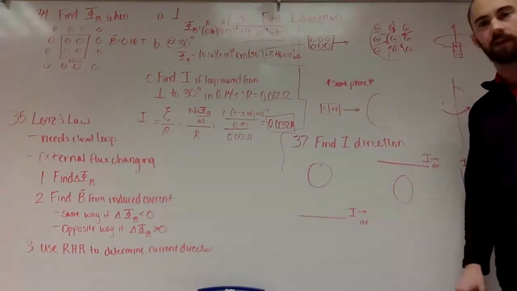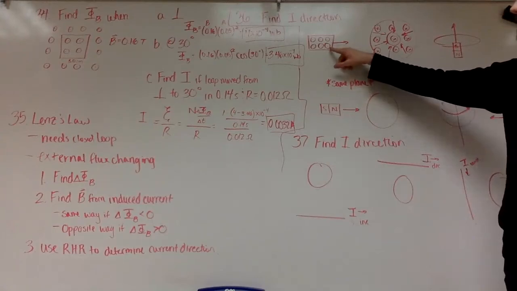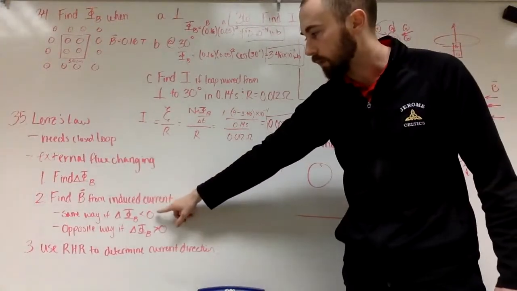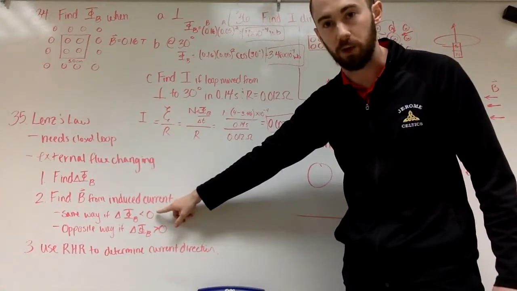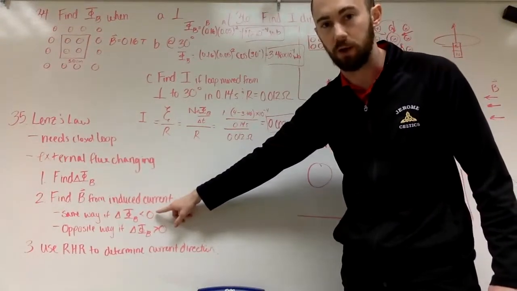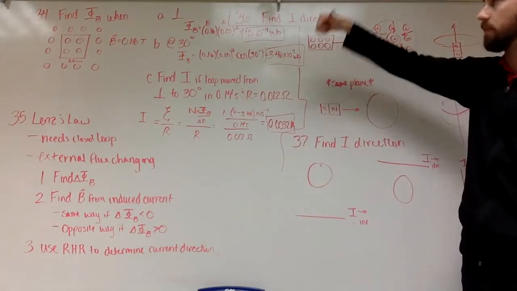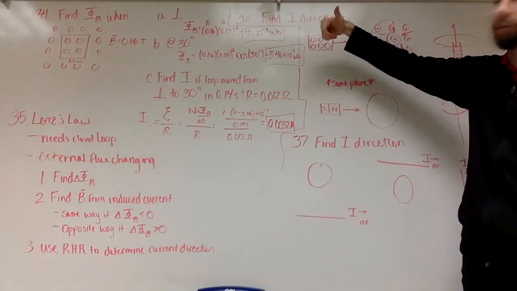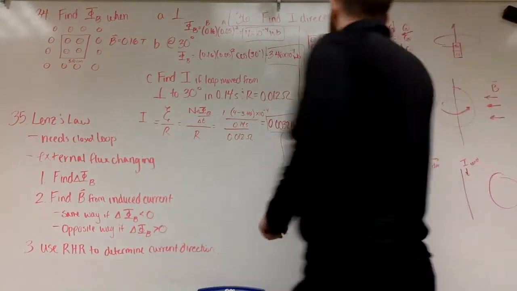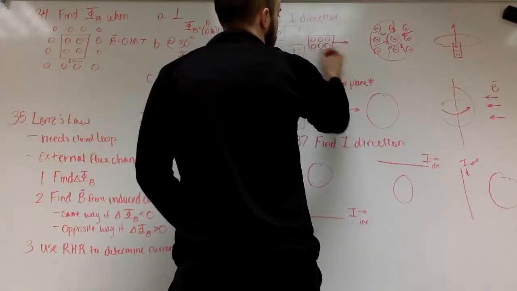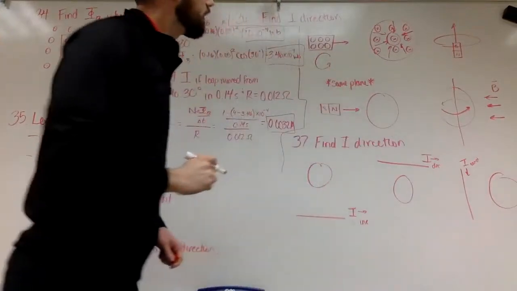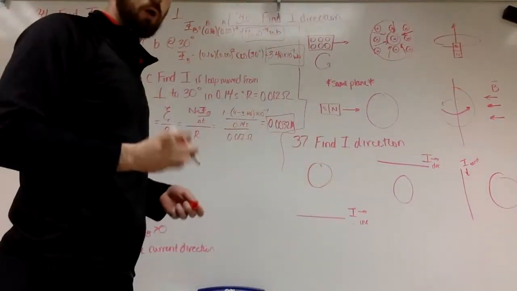I'm going to make my own magnetic field so that I can remain constant. That means it wants to make magnetic field in the way it's already going. Our flux is decreasing, so it wants to create a magnetic field in the direction it was already going. So I'll put my thumb out here, I'll wrap my fingers, and that shows me the direction of current. So in this one, I would have a current that is flowing counterclockwise.